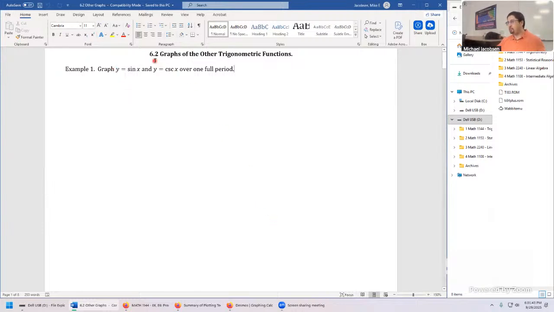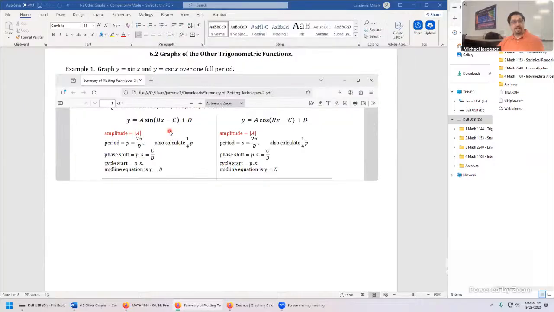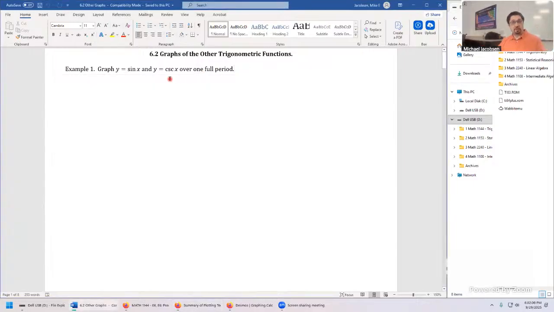This is the cool part about section 6.2: we know how to plot sine and cosine based off what we did in the last section, 6.1, and we're really just using that information to launch off and plot cosecant and then secant. So these same techniques from the last section carry over directly, and it's pretty remarkable. We plotted 5 points using the information here. We'll plot another 5 points and then just do a cosecant curve rather than a sine curve.